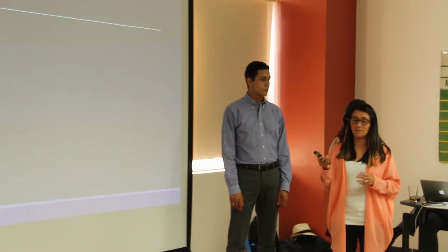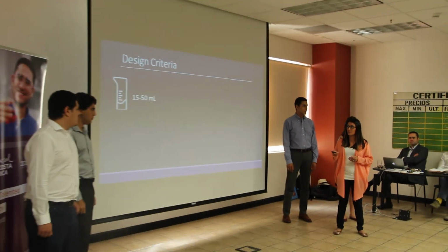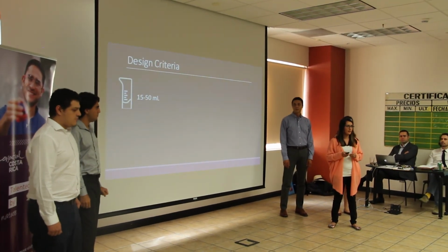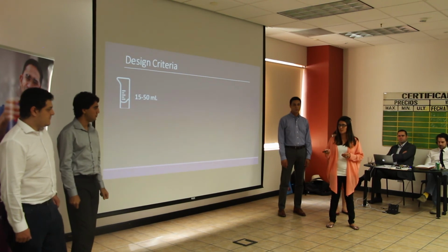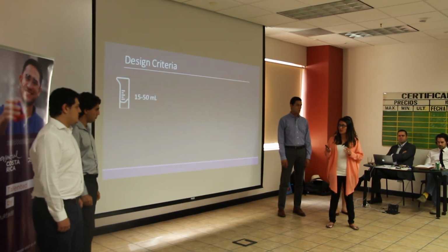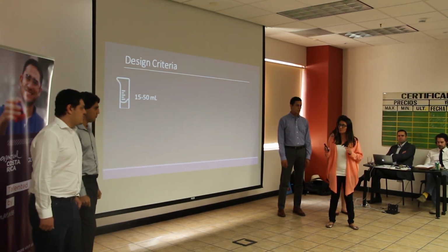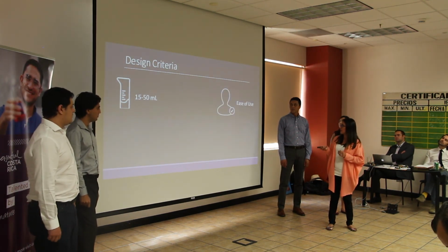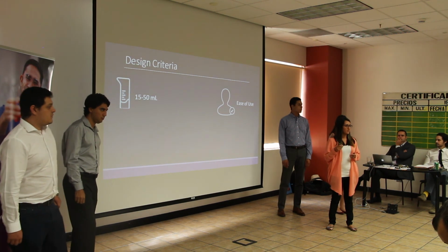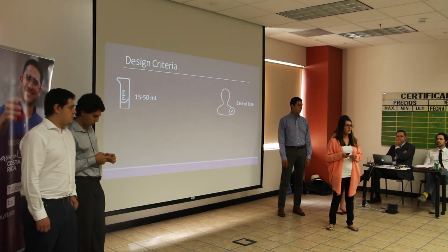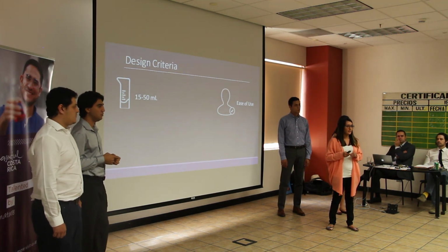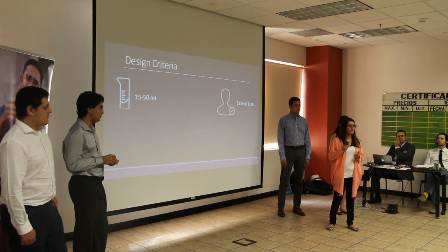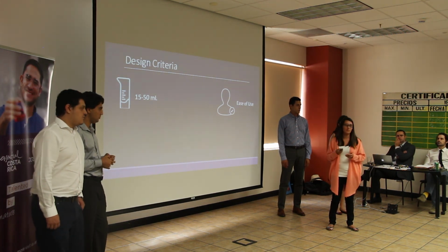Our principal design criteria are, for example, the first one is that we must reduce the fluid of the pericardium to a range of 50 milliliters. Then it also must be easy to use, because personnel like cardiac doctors must be able to use it.